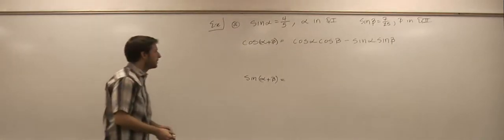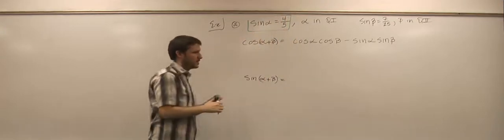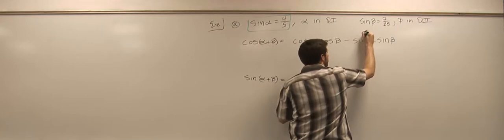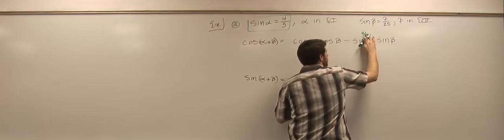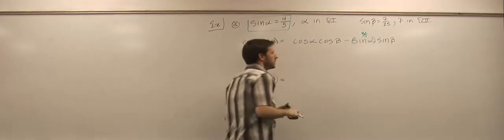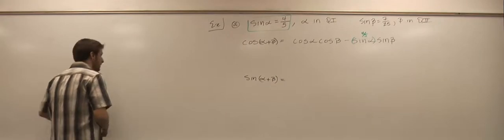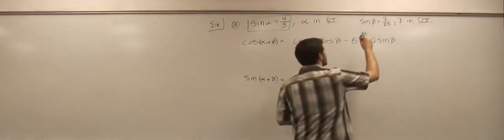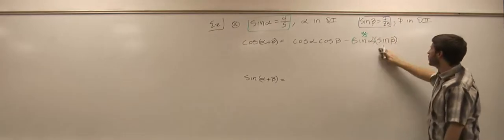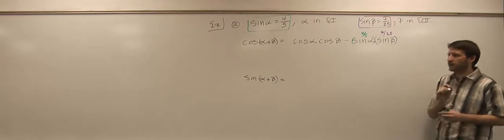For example, sine of alpha is given. It's 4/5. So I already know this part of my formula. Sine of beta is 7 over 25, so this whole sine beta I can replace with 7 over 25.